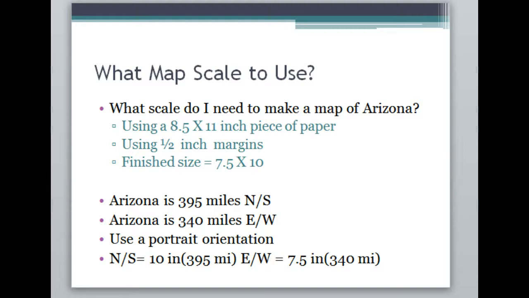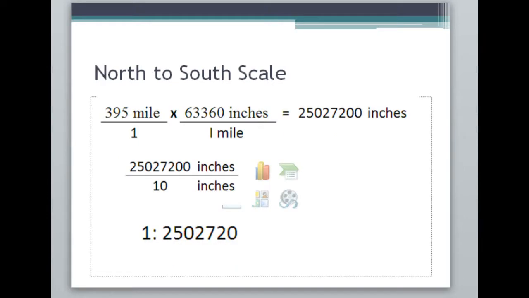So the north-south is equal to 10 inches times that many miles, and the east-west is equal to 7 inches times that many miles. So let's see how you actually calculate that. So I know how many inches in a mile, right? So I actually want to just say how many inches is 395 miles. So I multiply that and I get this many inches, right?